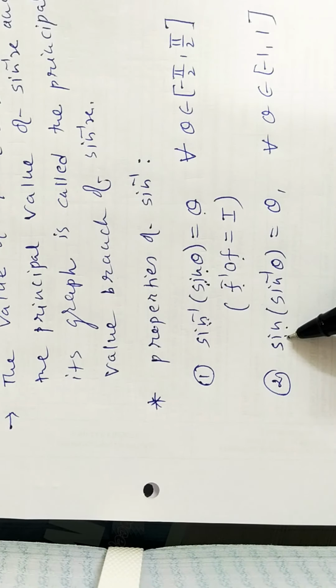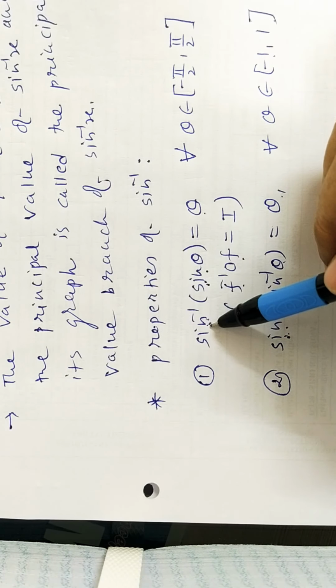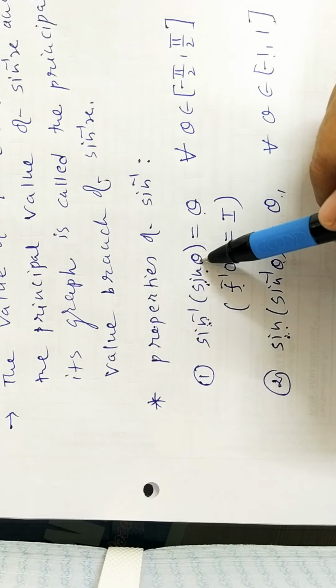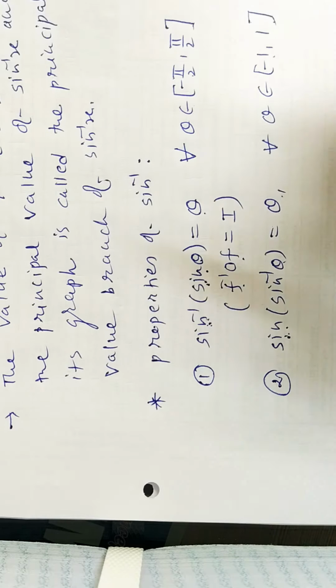If sine is the outer function, then the inner component should be minus 1 to plus 1. And if sine inverse is the outer function, then the inner number should belong to minus pi by 2 to plus pi by 2.